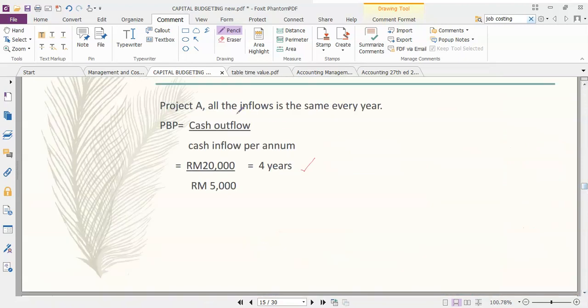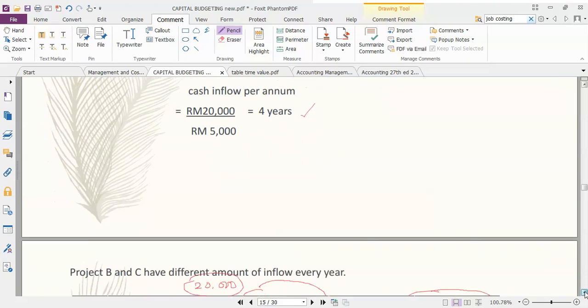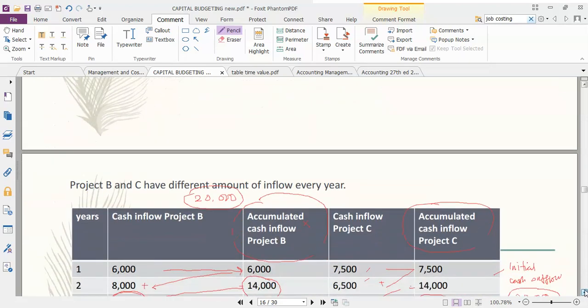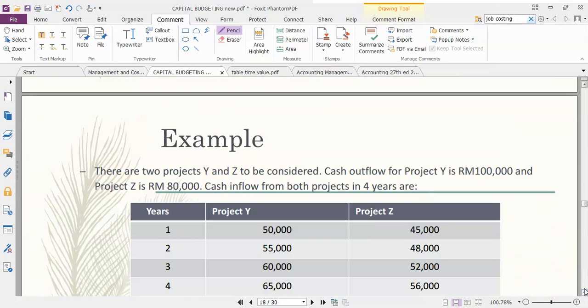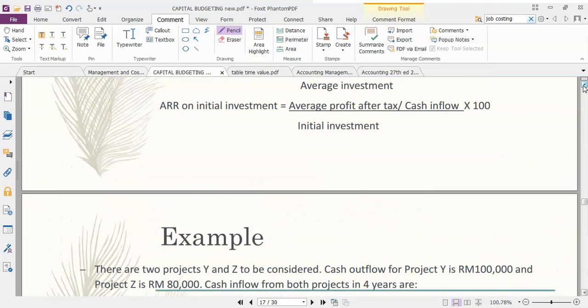If you look at Project A, the payback period is a very long period, right? 4 years. The company should wait until 4 years to get back their investment amount. But for Project B, is it a long period or not?